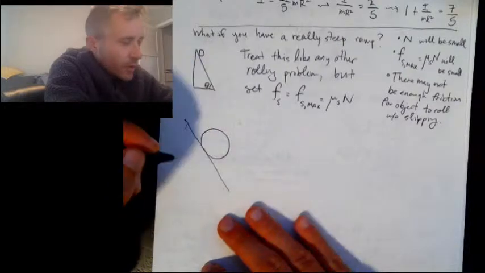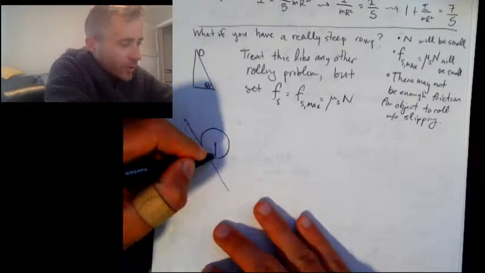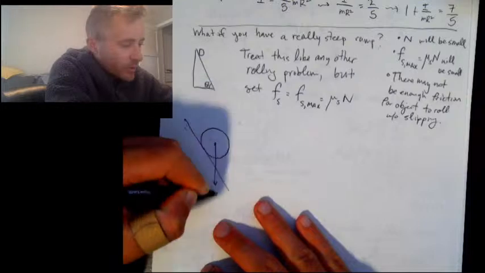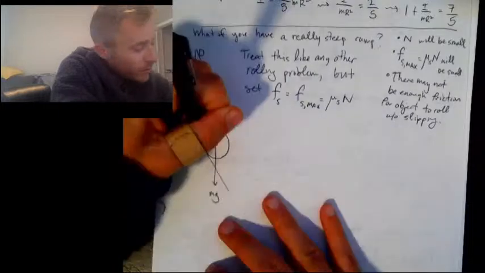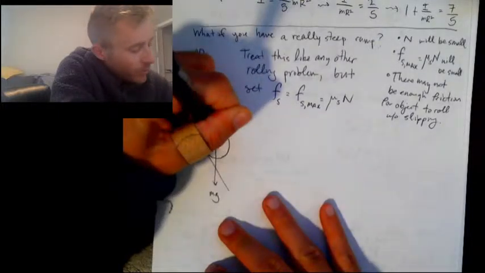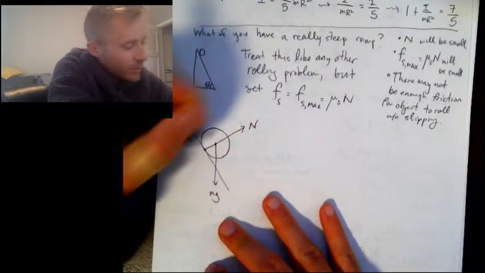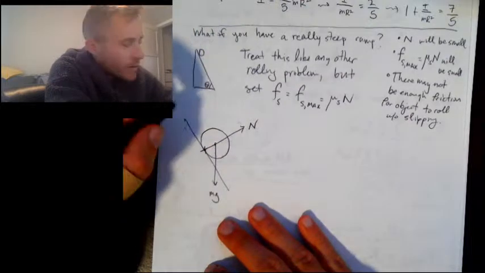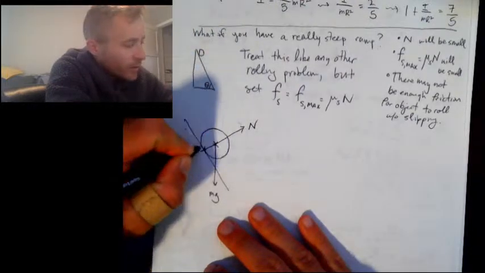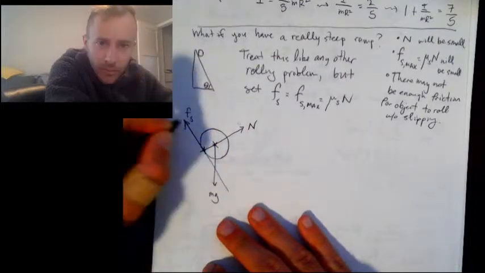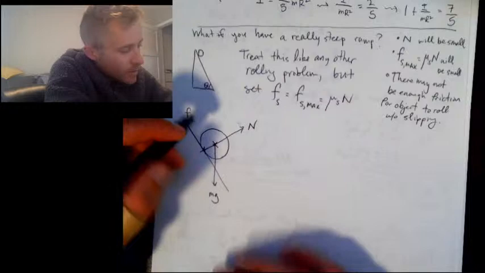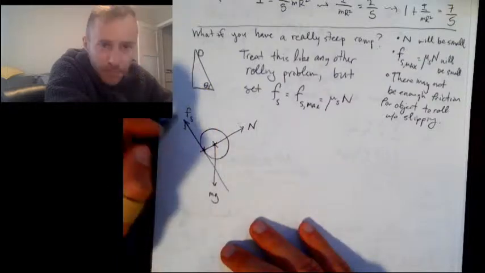you have a number of forces on the object. You have the weight force that acts straight down. You have the normal force, which acts perpendicular to the incline, and it acts right there. And then you have static friction, which acts parallel to the incline.